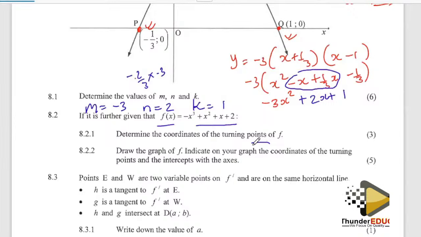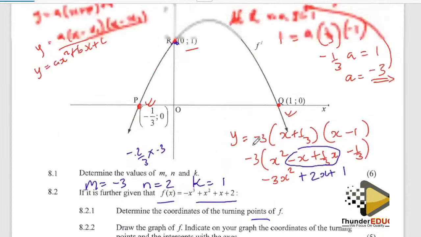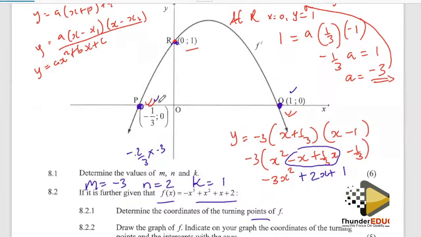Someone might want to find the first derivative, solve for x and substitute, and that's a lot of work for 3 marks. What one would do is just understand that the roots of the parabola, or the roots of the first derivative, will represent the x-coordinates of the turning points.